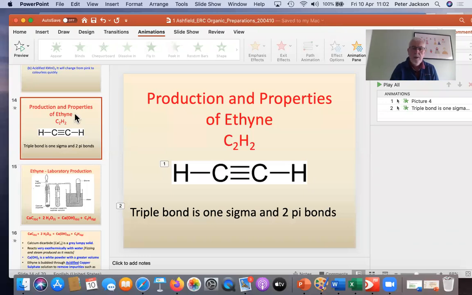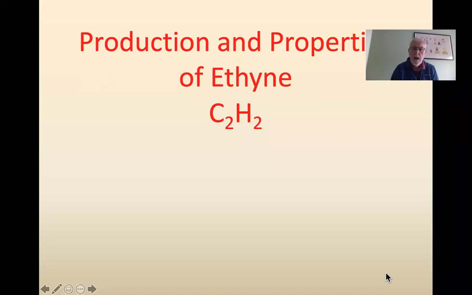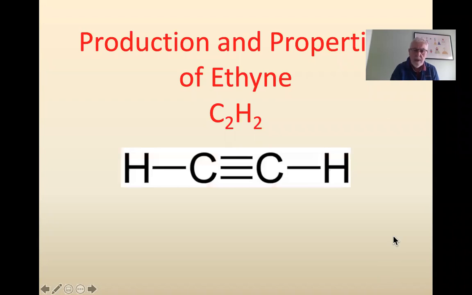Okay, we're going to talk now about the production and properties of Ethyne gas. That's C2H2, Ethyne, C2H2. It is C triple bond C with two H's at each end.